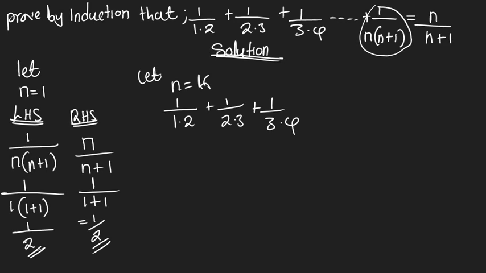Who is this one? It's 1. It's fake, sir. We're letting n go to 1, meaning the answer we're going to get after substituting on our equation is supposed to be 1. But when we substituted on our equation, we are finding a half.